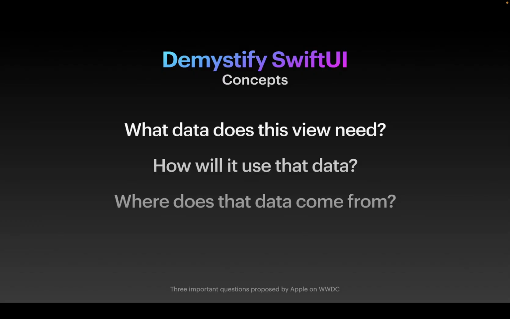And the last one is, where does the data come from? That is actually quite important during app development, because usually you may maintain multiple different pieces of data throughout the lifetime of your app, okay?